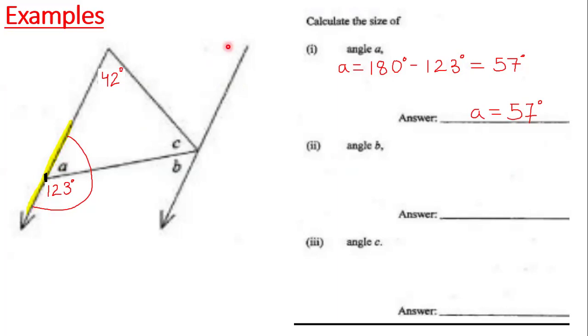Are you writing this down? Are you paying attention? Okay, the rule says that angles on a straight line at a common point add up to what? Add up to 180 degrees.